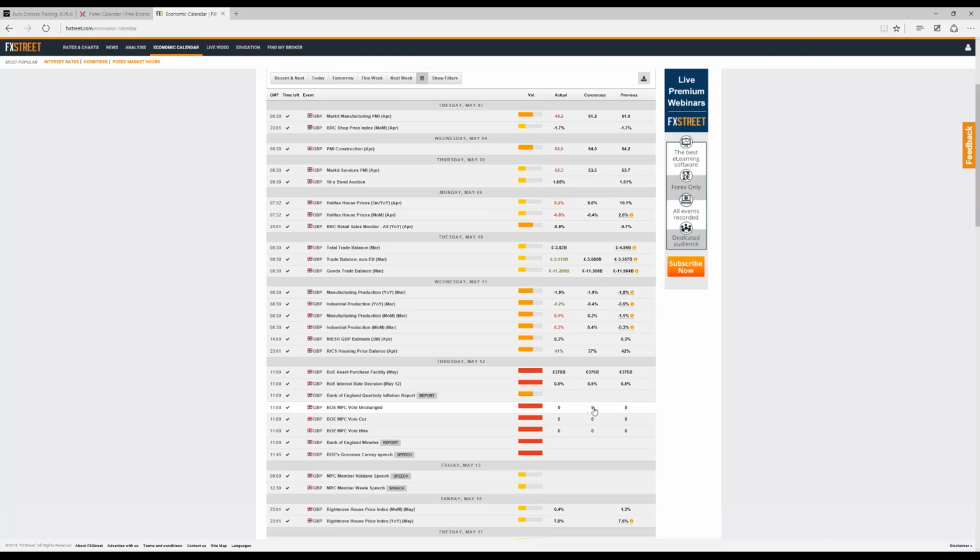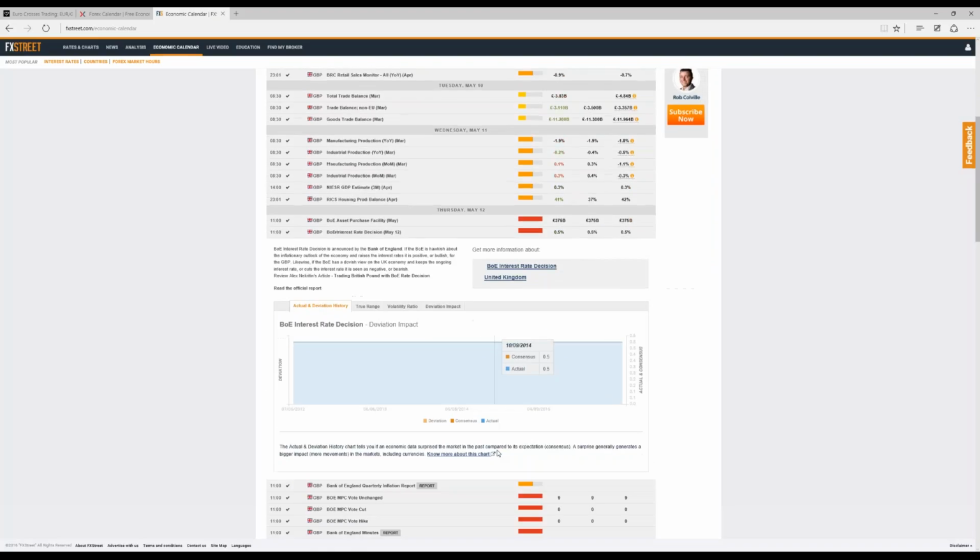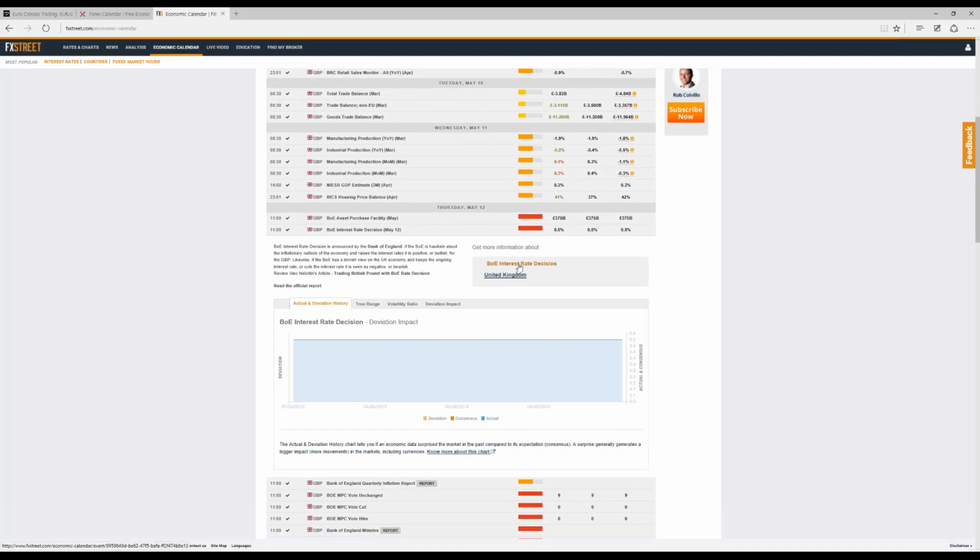You can see over here, there are 9 members, and all 9 members voted for policies to remain unchanged. The group also decided to keep interest rates steady at 0.5%, as you can see over here, the lowest since March 2009. And how I know is because you can take a look at the chart.